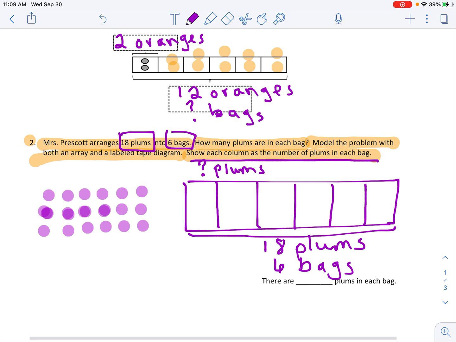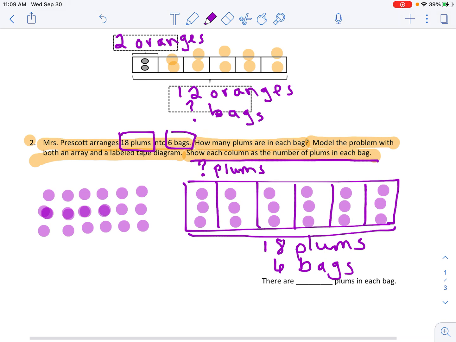This time I'm asking how many plums I have, and I know my bags. In the first problem, I didn't know the bags, but I knew how many plums I had. So he's got 6 bags. 1, 2, 3, 4, 5, 6 plums, 7, 8, 9, 10, 11, 12 plums, 13, 14, 15, 16, 17, 18 plums.